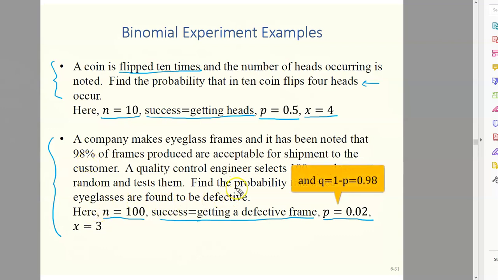And then we are looking for getting 3 defective eyeglasses in the 100, so our x is 3 in this case. So this is another example of a binomial experiment. Now let's take a look at our binomial formula, and then we'll do a few examples.